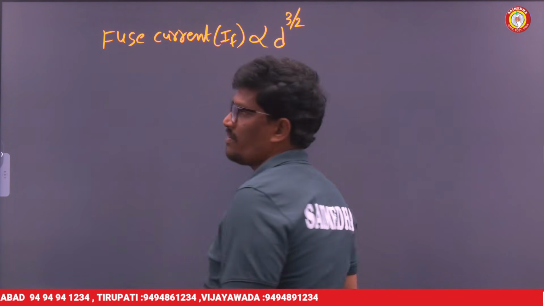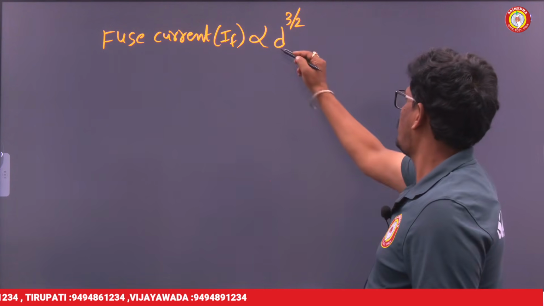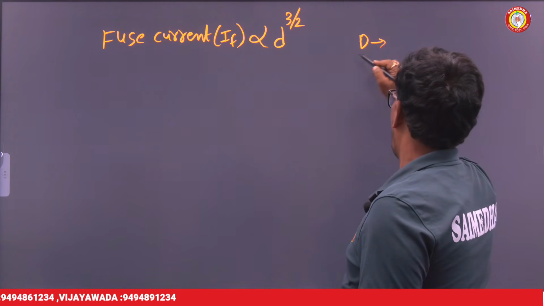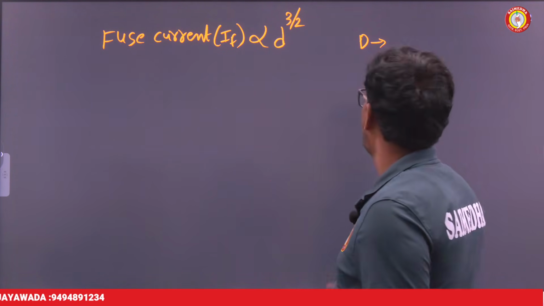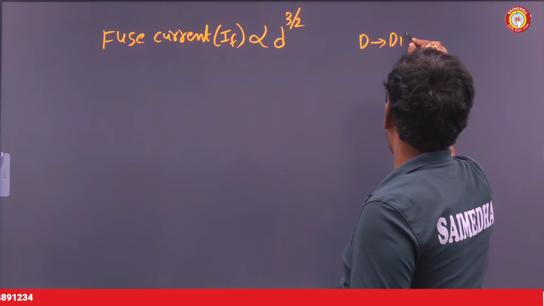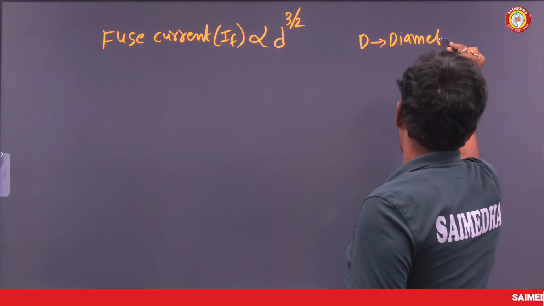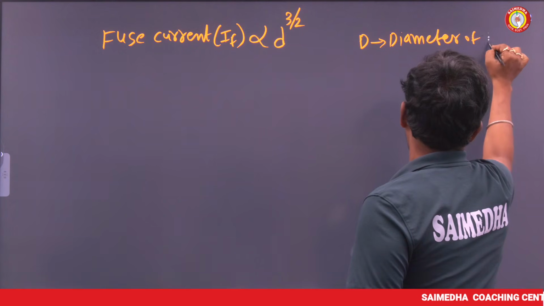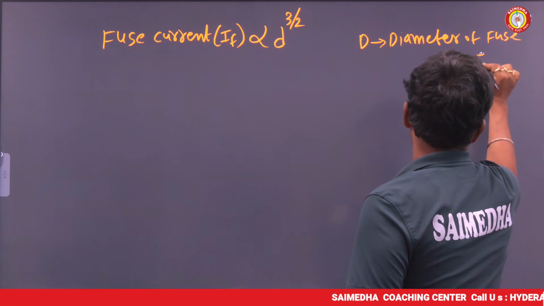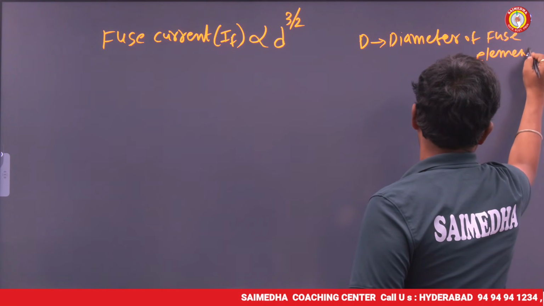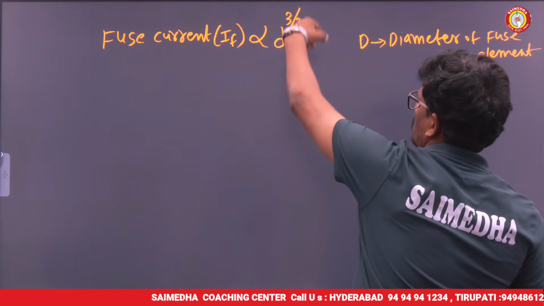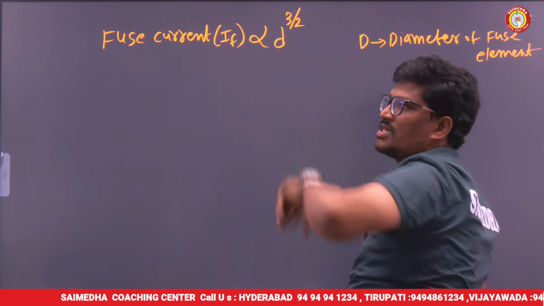This is the standard value. Here d, small d or capital D, anyone, d is for diameter of fuse element. When diameter of fuse element is more, the fuse current is also more.